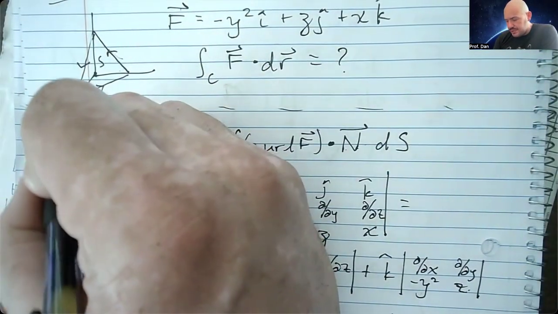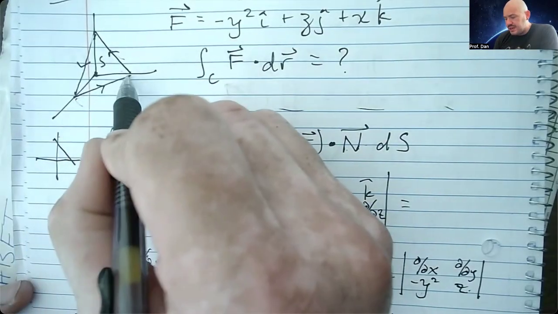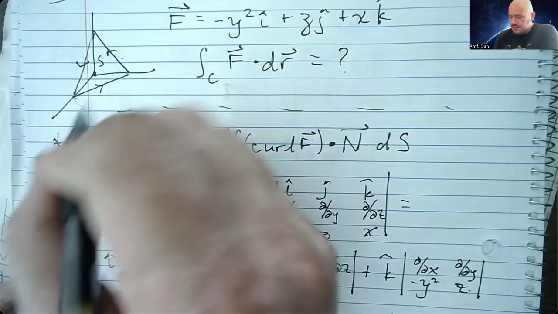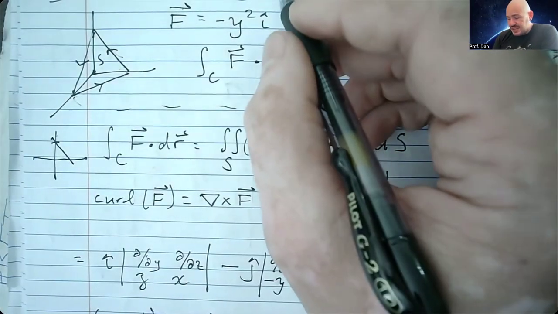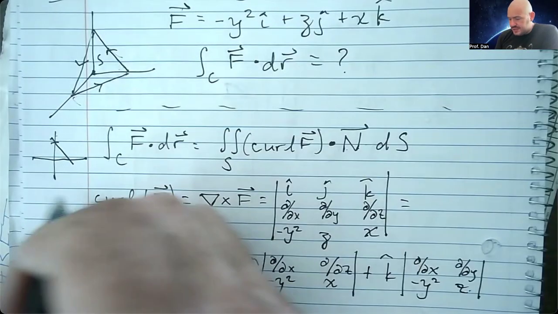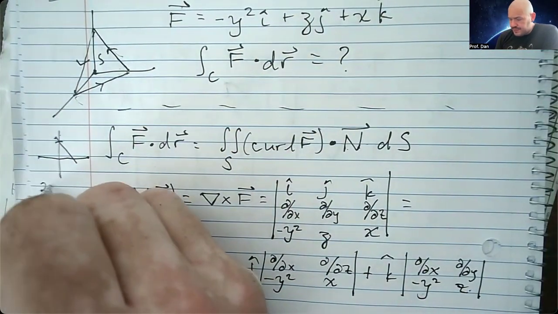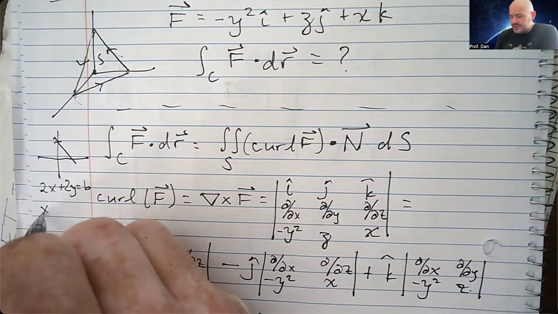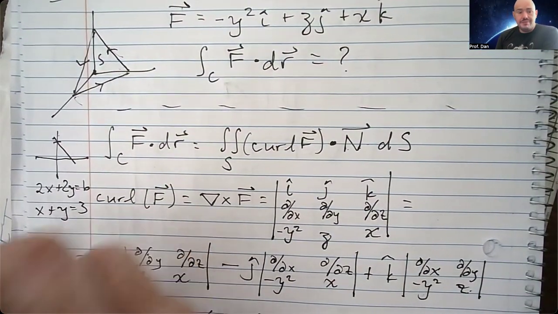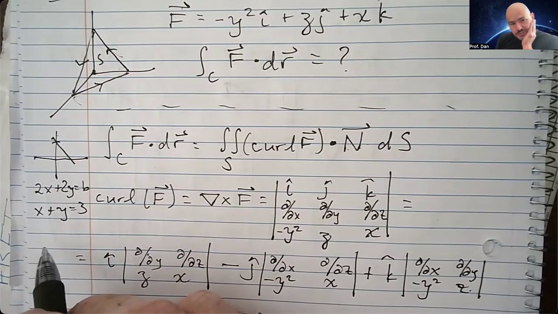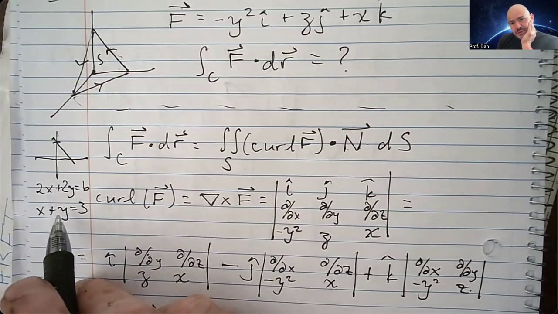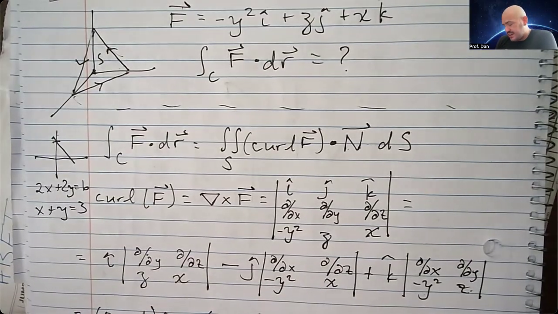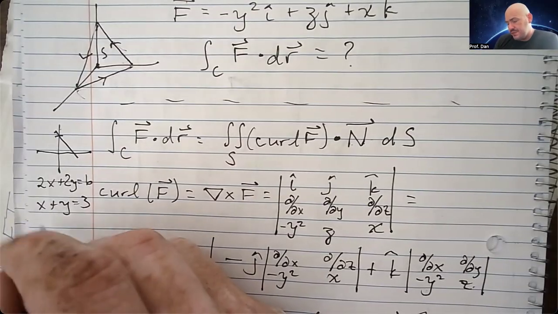We know that in the xy plane, we have this part of the path c, right? And remember, by setting z equal to 0, we get that this line is 2x plus 2y equals 6. If I divide everything by 2, we get x plus y is equal to 3. And remember, I can either solve for x in terms of y or y in terms of x. It doesn't matter, but it will affect how I can set up the differentials.